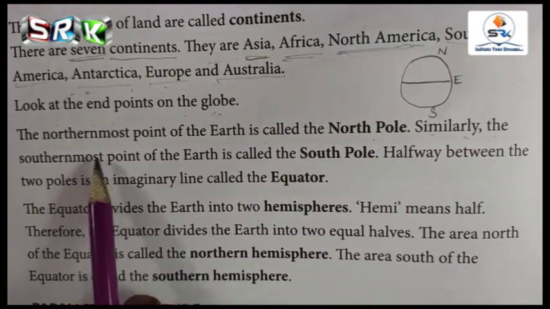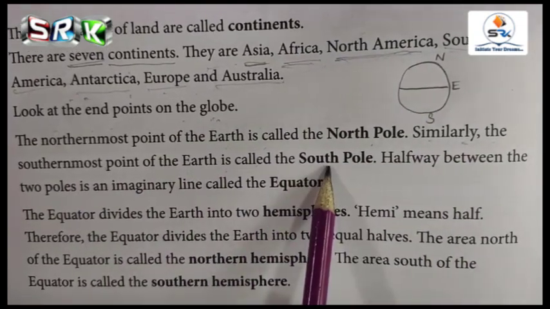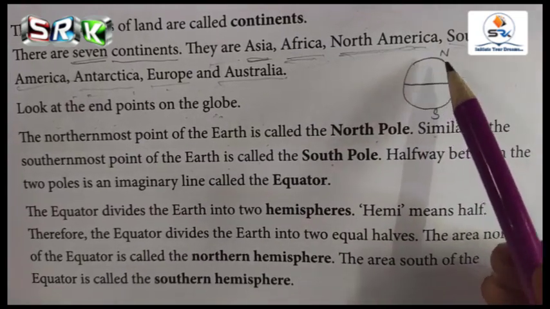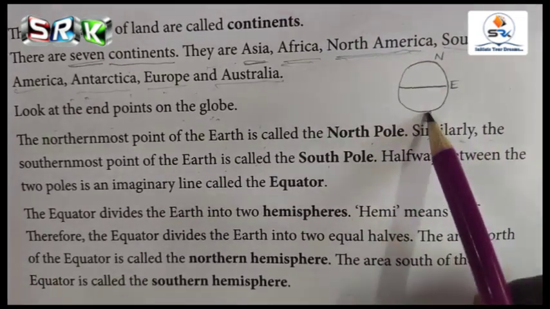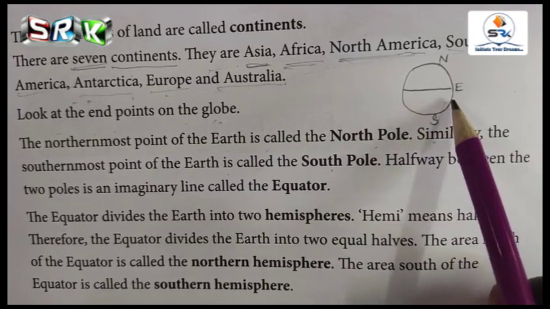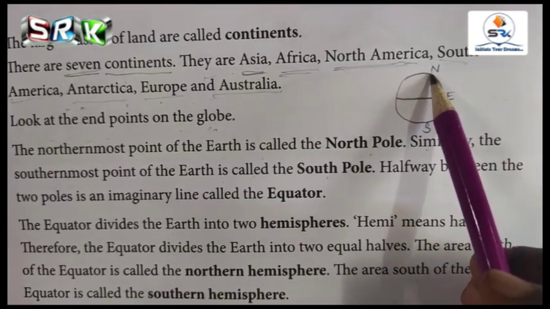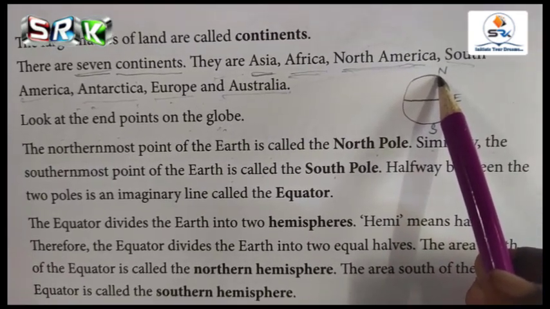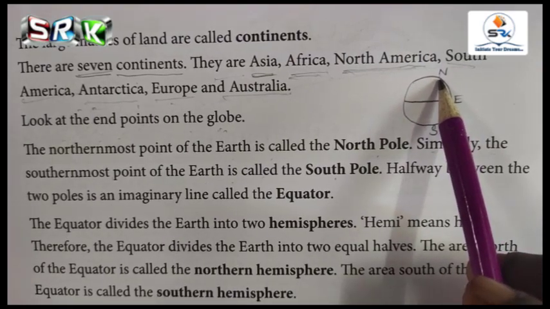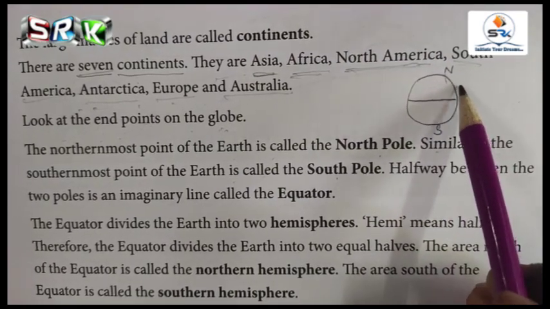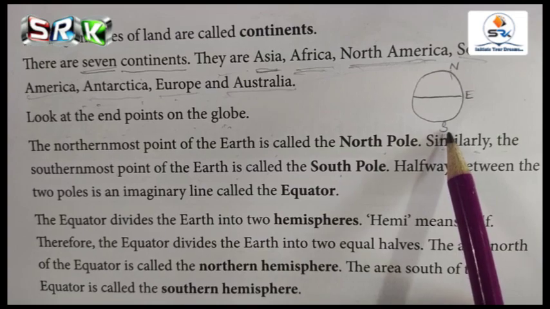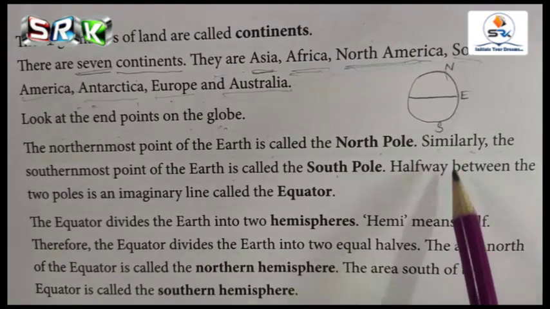Similarly, the southernmost point of the earth is called the South Pole. Our earth is considered to have 4 directions: north, south, west, east. The north pole is in the northern direction. Pole means துருவங்கள். And the southern direction point we call the South Pole.